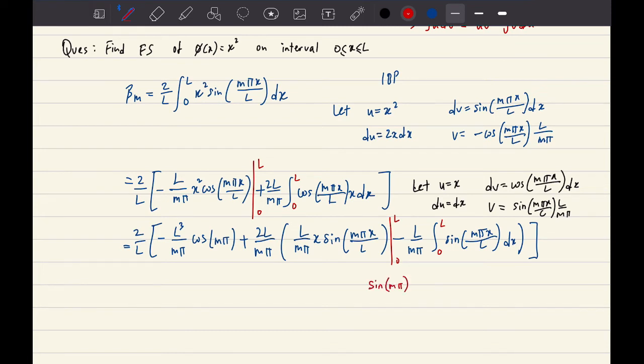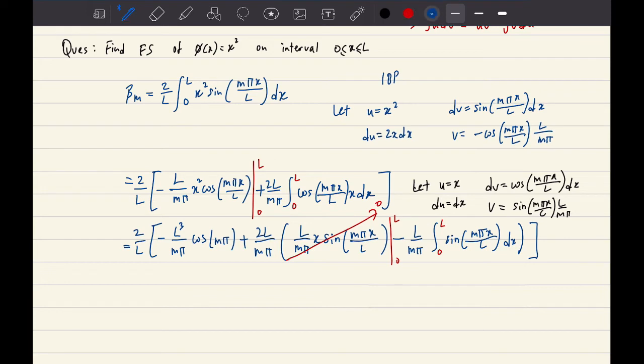When we draw a circle, rotating along pi, 1 pi, 2 pi, the sine function will always be 0. So this will always become 0. Yay, our life is easy now.